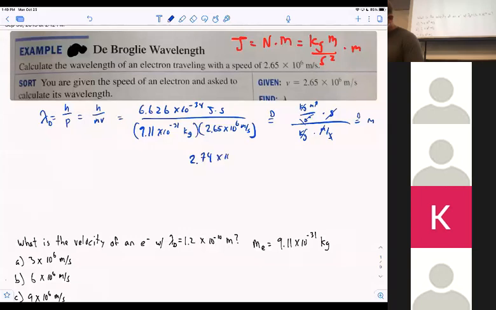So we throw this into our calculators and we get 2.74 times 10 to the minus 10 meters. The first thing you think about is that's pretty small. That's 274 picometers. That's about half the size of a hydrogen atom.